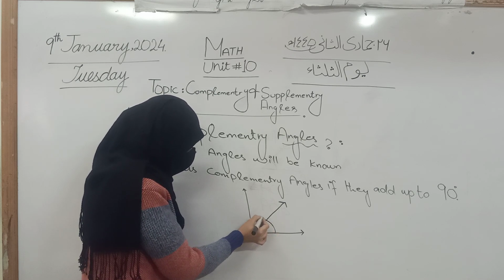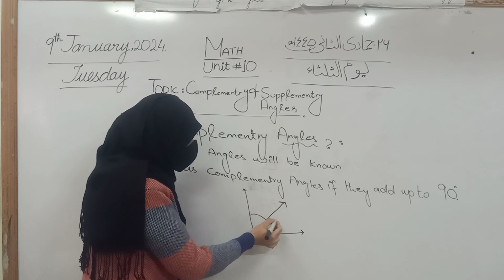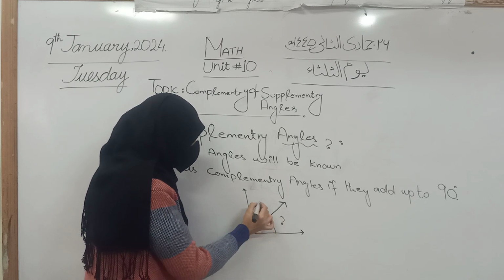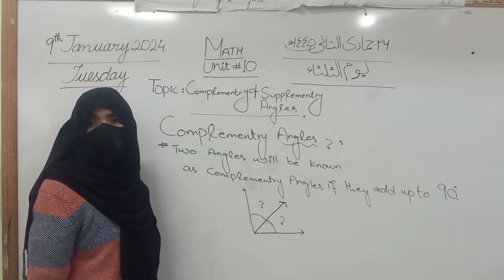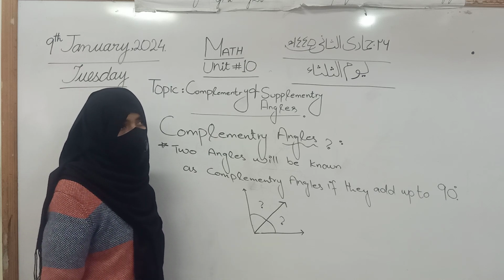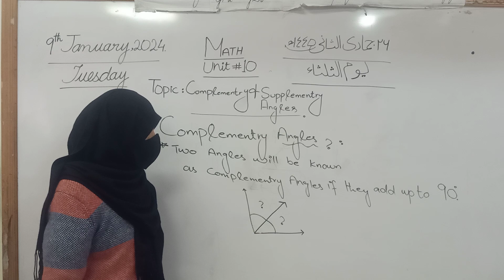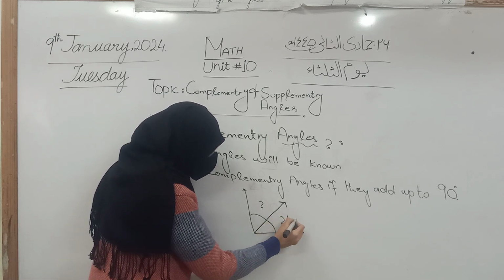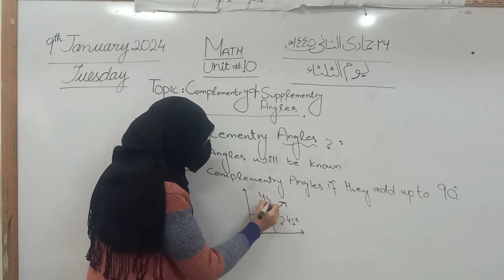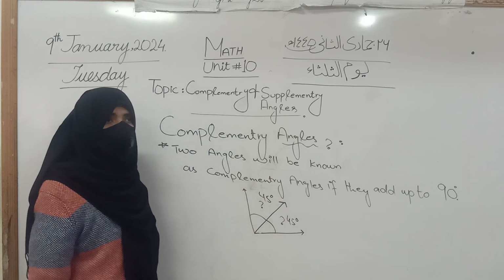Now tell me, what will be the value of this angle and what will be the value of this angle? Anyone can tell me? Oh, very good. This will be 45 degrees and this will also be 45 degrees.